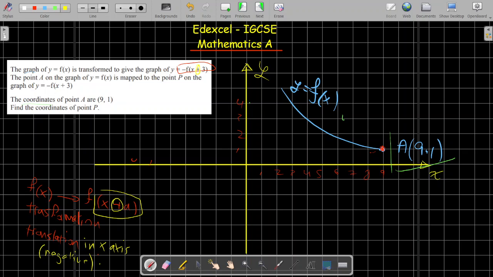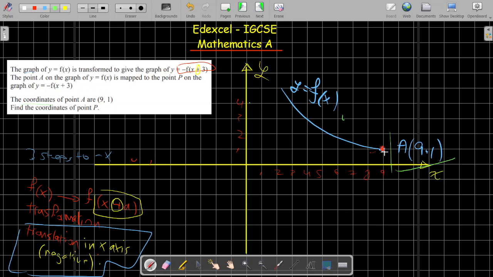It's a plus inside of the bracket, but it doesn't mean that it's a translation in the positive direction of x. It's actually the reverse of that. So since I know that this is a translation in the negative side of x, it means that I'm gonna move 3 steps, because it's a plus 3. It's 3 steps toward the minus x.